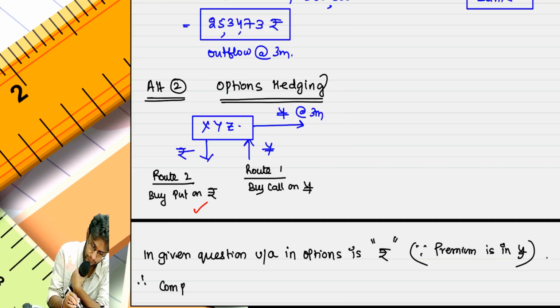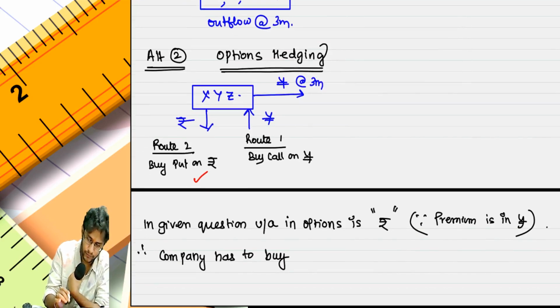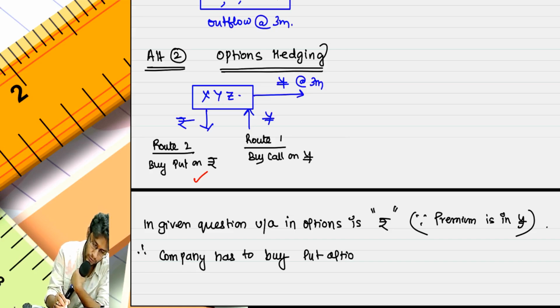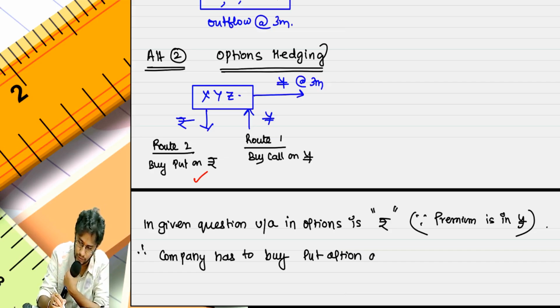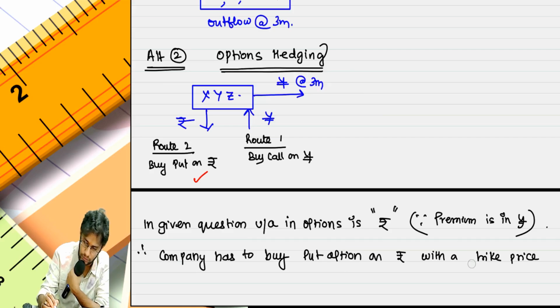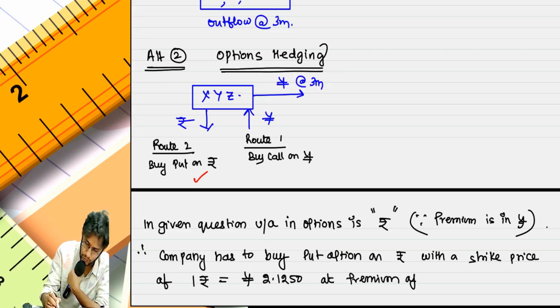Therefore, the company has to buy a put option on rupee with a strike price of 1 rupee is equal to 2.125 yen at a premium of 0.098 per rupee.